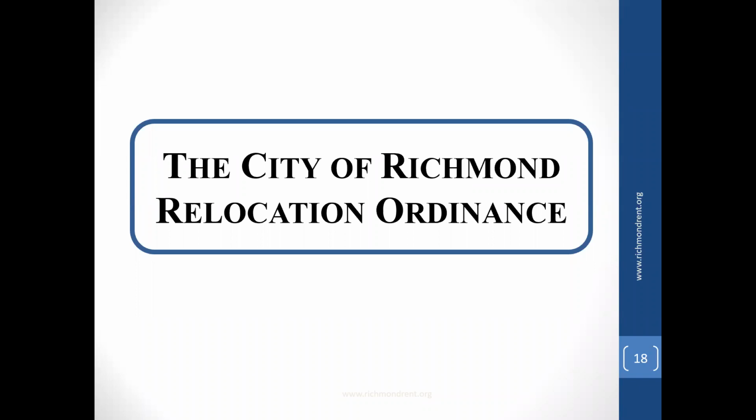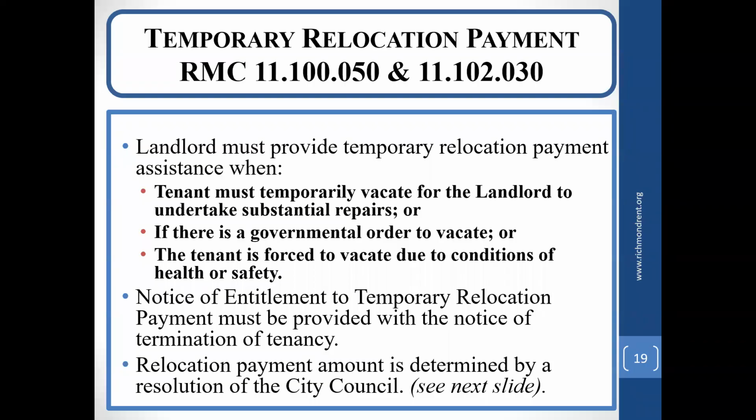The city of Richmond also has a relocation ordinance, and we will discuss some of the details. A landlord must provide temporary relocation payment assistance when a tenant must vacate for substantial repairs, or a government order has been issued, or the tenant is forced to vacate due to a health or safety concern.